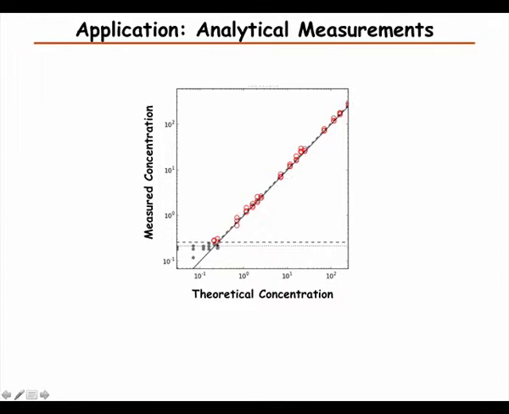And then at some point you reach your limit of detection, and below there you can maybe measure something, but it doesn't have really any good correspondence to what actually is in your sample anymore. It's you measuring something, but it's noise, it's contaminants, it's something else.